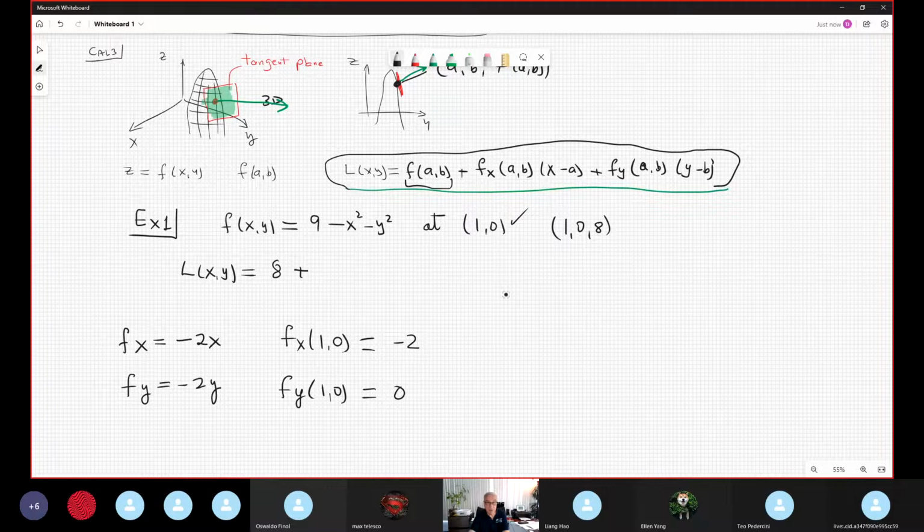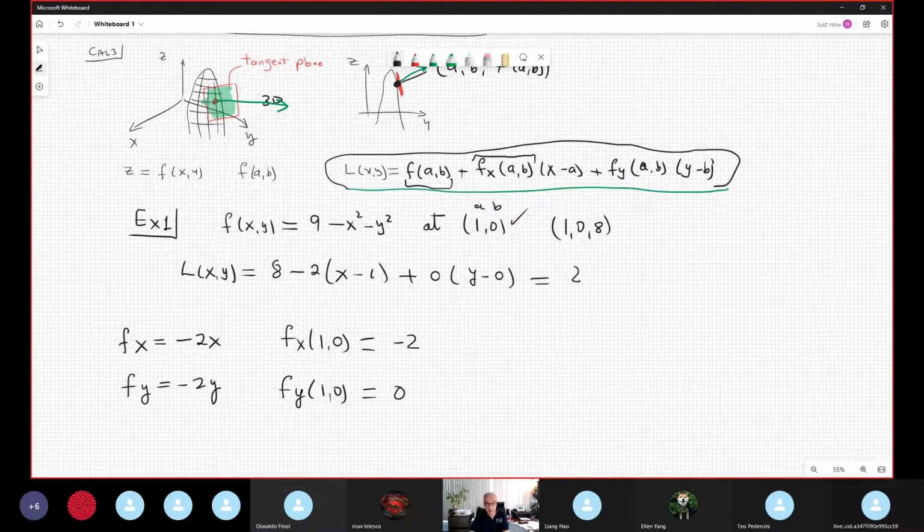Okay, so my equation looks like this. Minus 2, actually plus, minus 2, this is the partial derivative evaluated at a specific point, times (x minus 1), where 1 is the value a, plus 0, 0 is nothing, times (y minus 0). Okay, so now it's easy.